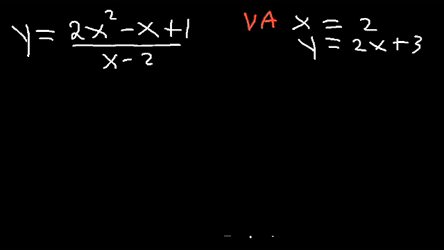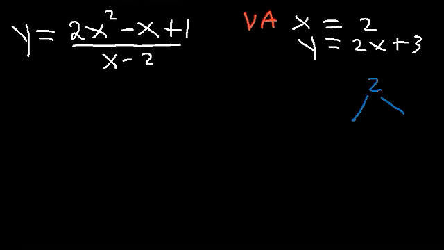Now the next thing we need to do is factor the numerator to see if x minus 2 is a hole. We really didn't check that, but we should, because if it's a hole, then the vertical asymptote won't be x equals 2. So let's double check. We have a trinomial where the leading coefficient is 2, so we need to multiply the leading coefficient by the constant term. 2 times 1 is 2.